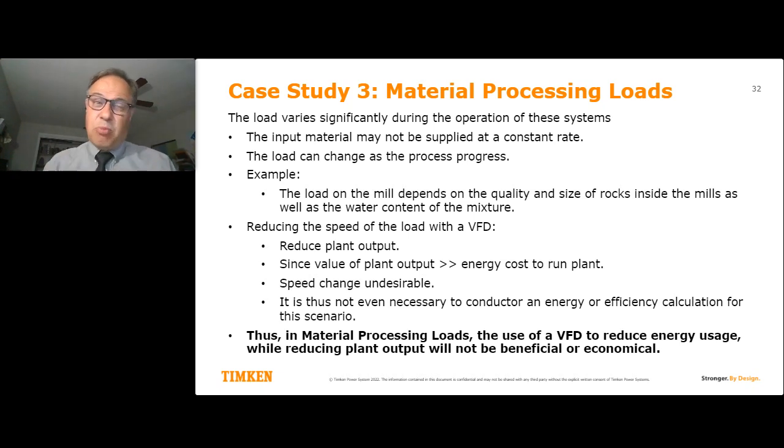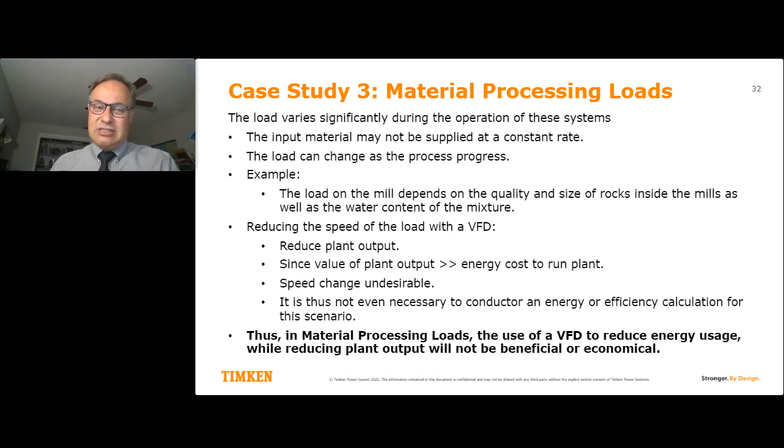Now, this is where it becomes important, where I said right in the beginning, reducing the speed of the load with the VFD reduces the plant output. And that's exactly what we don't want, because the plant output must be significantly more profitable than energy costs to run the plant. Otherwise, I don't make money.